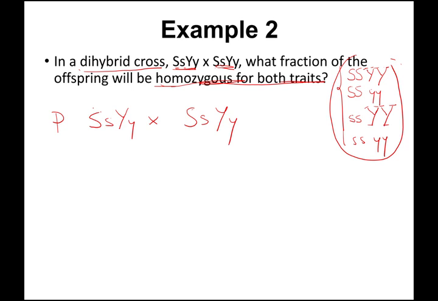So you have the allele for the first character, this can combine with this, or it can combine with this, right? So that's one possibility, capital S capital Y or capital S small y. Second possibility is that this allele can go with this or with this.